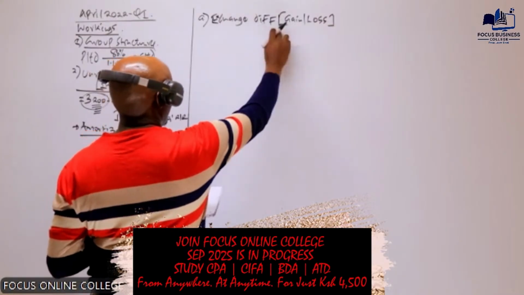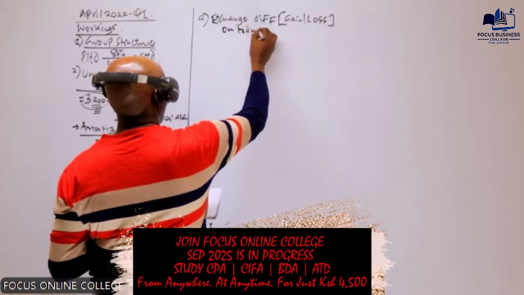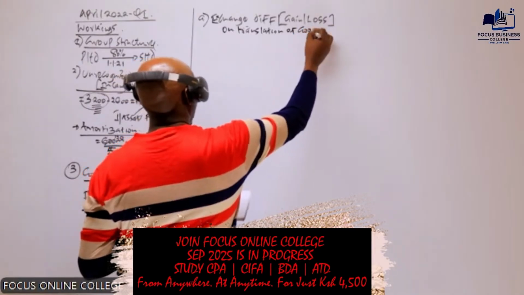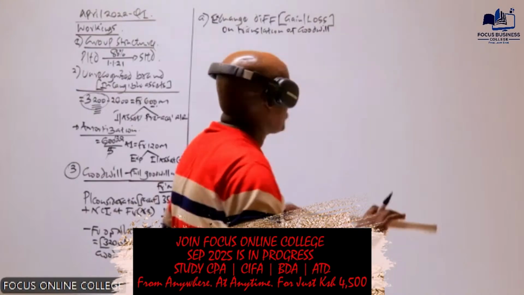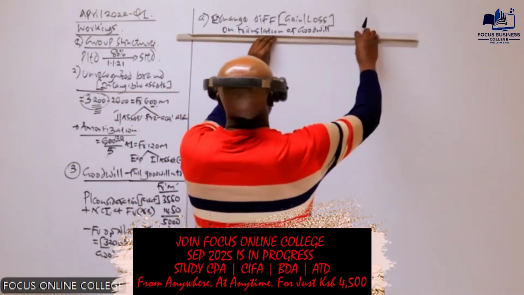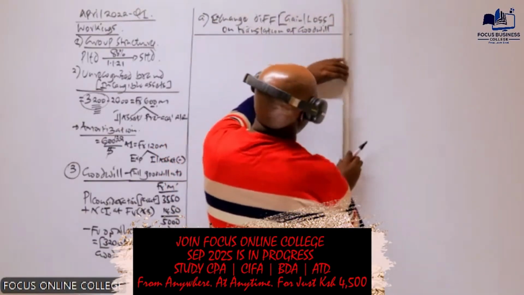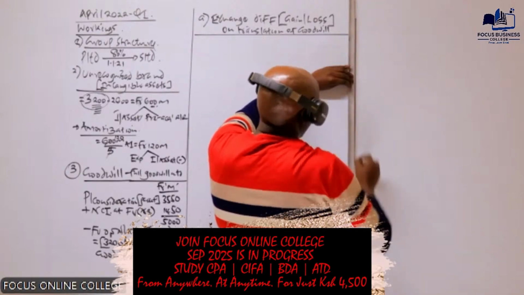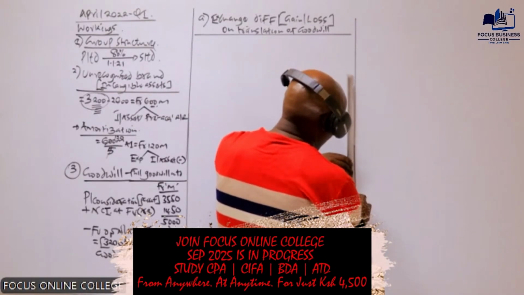So we're going to start by computing the exchange difference on translation of goodwill. This one is very, very simple, provided you can remember the format which I've given you for computing this. If you can remember that format, this one is quite simple.